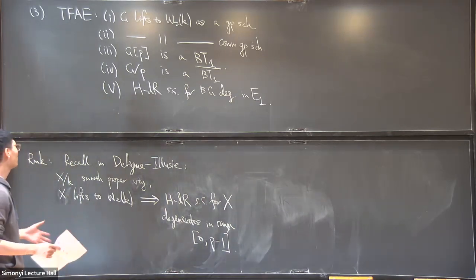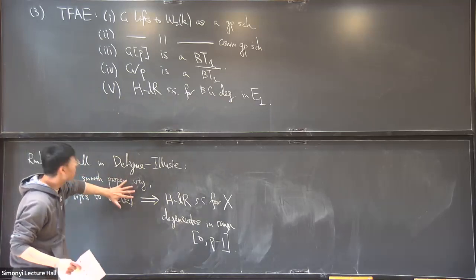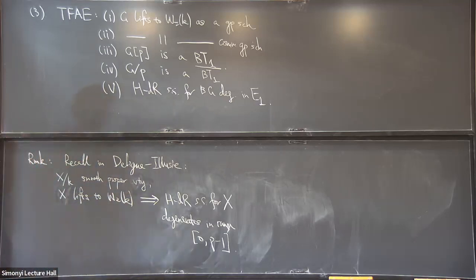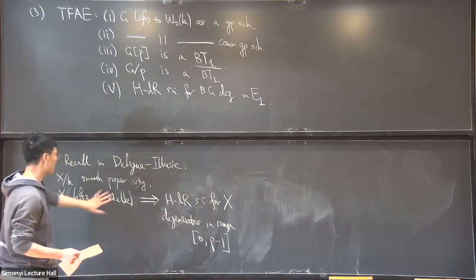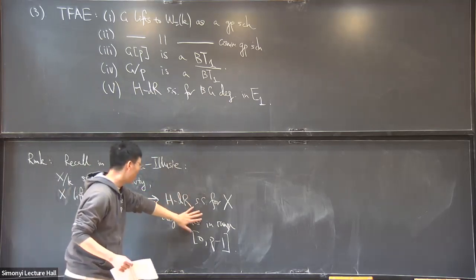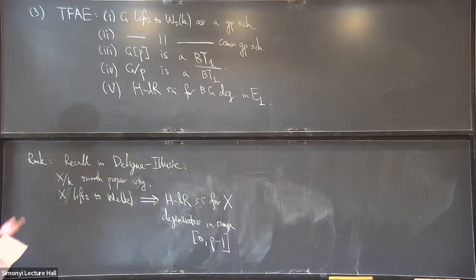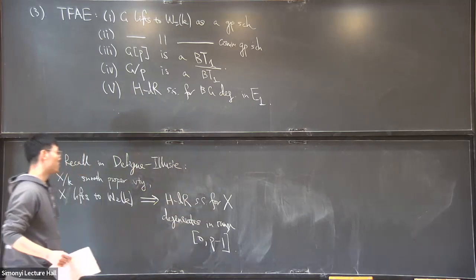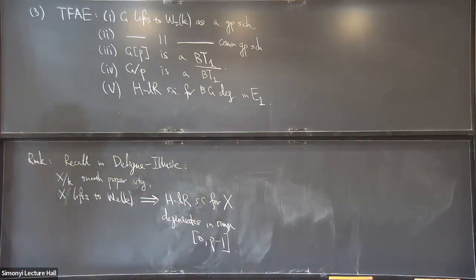Basically you will be able to extend this result to general smooth proper algebraic stacks, and then if you can find some BG which is liftable, and say Hodge to de Rham doesn't degenerate for BG, then you will also be able to cook up some X which is liftable but doesn't have degeneration for the Hodge to de Rham spectral sequence.